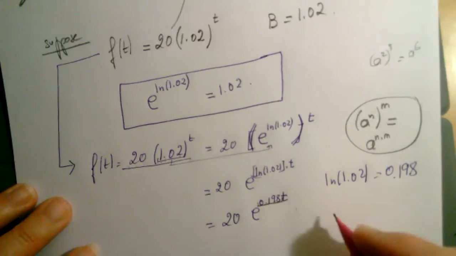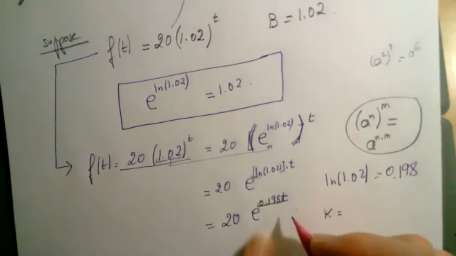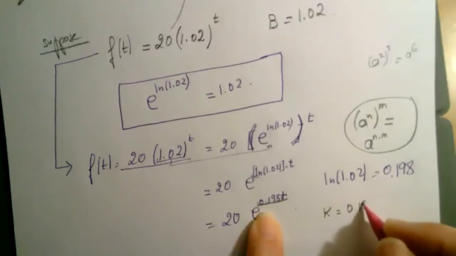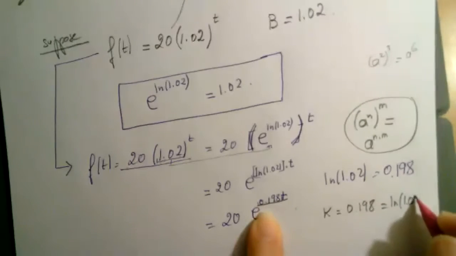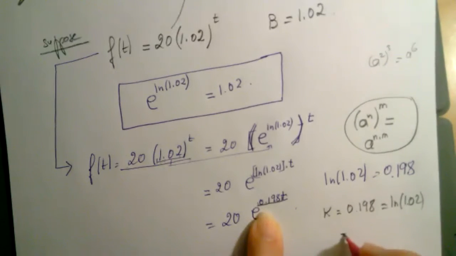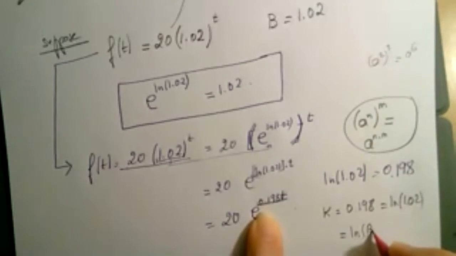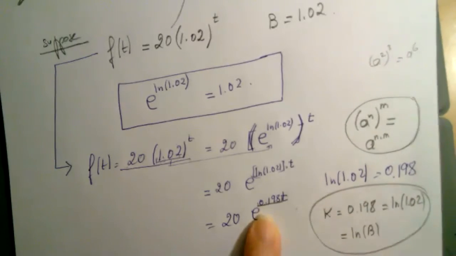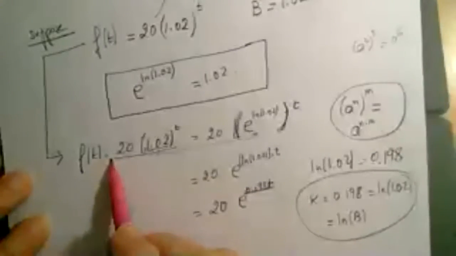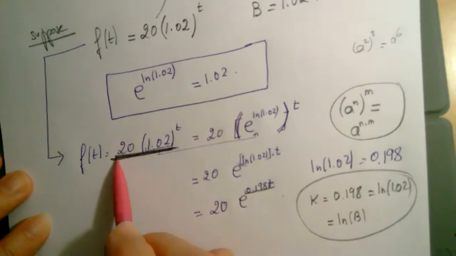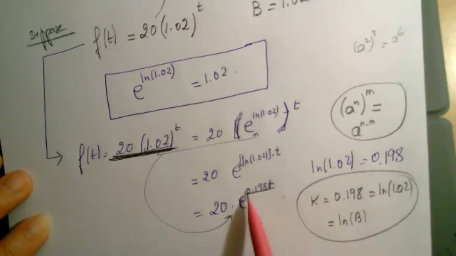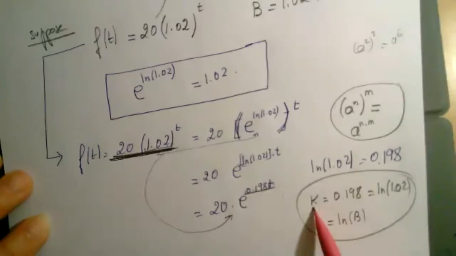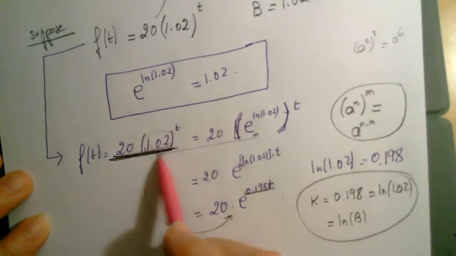That constant k is nothing more than the ln of 1.02, which in general is the ln of b. So if a function is given to us this way, I can rewrite it as 20 times e to the power kt, where k is the ln of b.